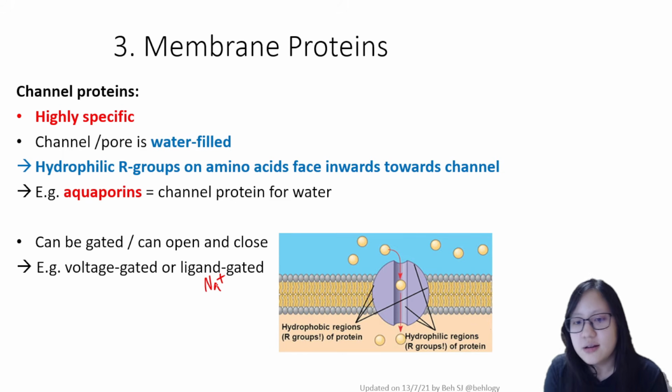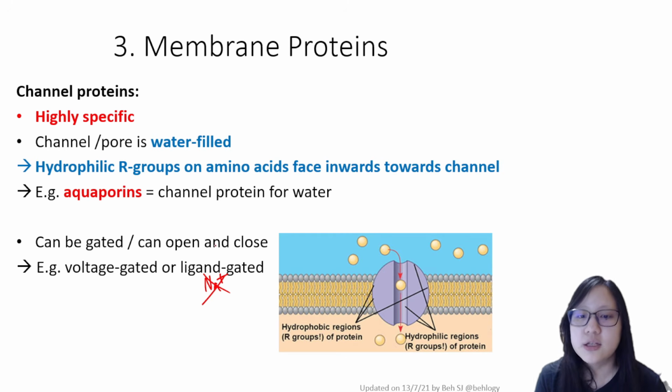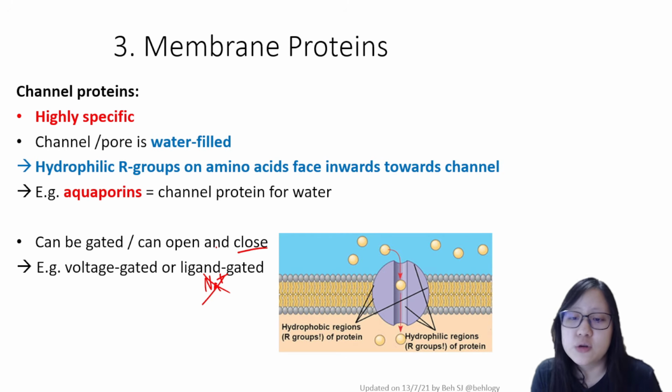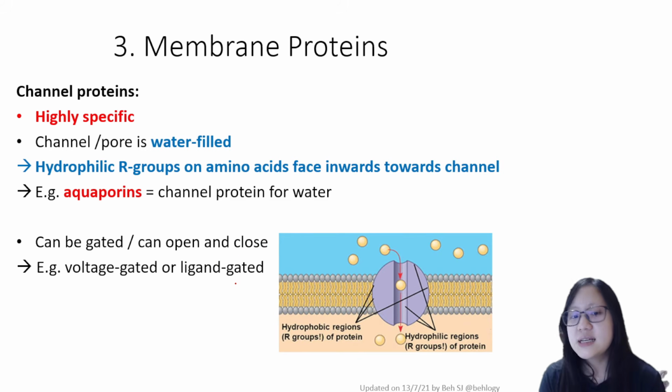So that sodium ion has to bind to the channel in order for it to open to transport maybe something else. Without sodium ions, it's going to be closed and the channel protein will not be able to be put to use. Okay, so it can open and close sometimes. It kind of depends on the type of channel proteins.